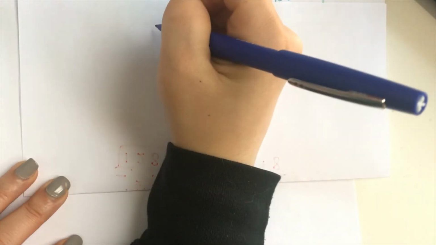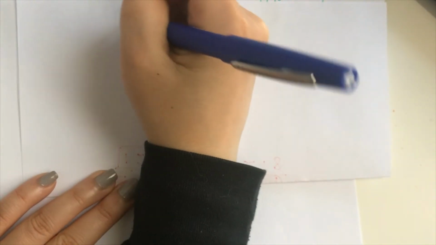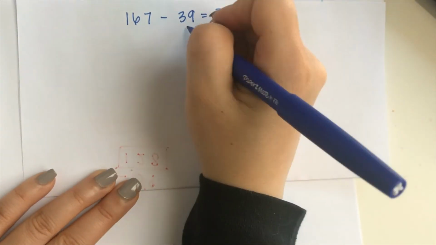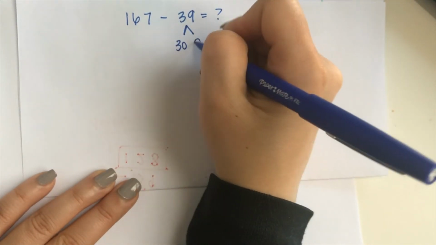The third way would be to split up by number bond first. So I'm going to take my smaller number, split it up.